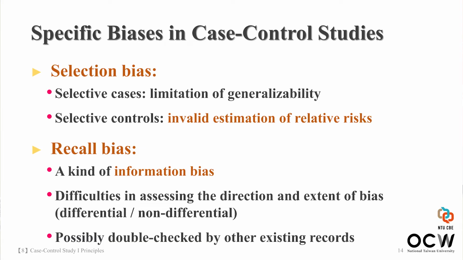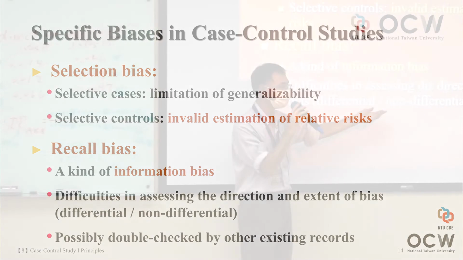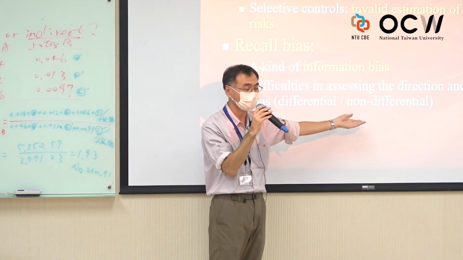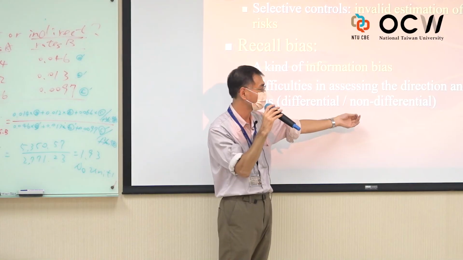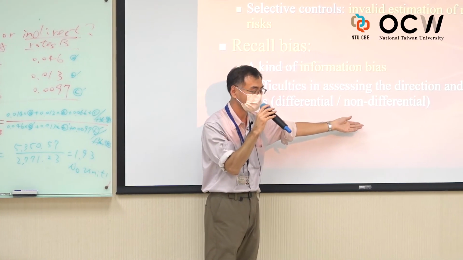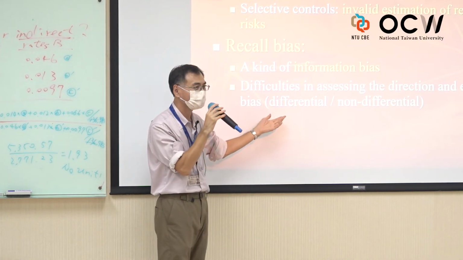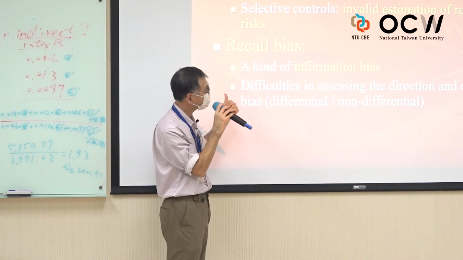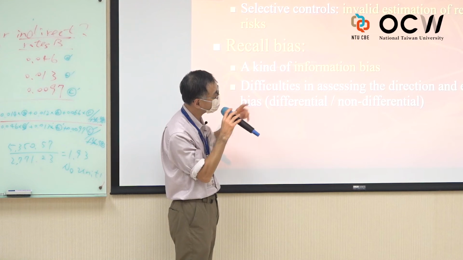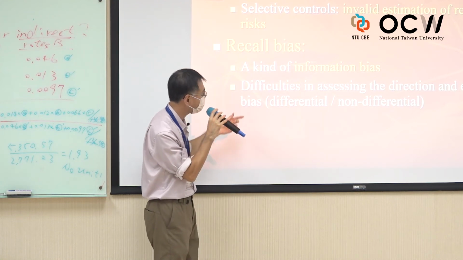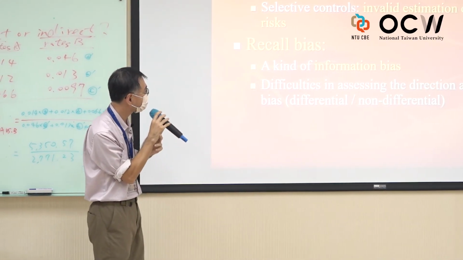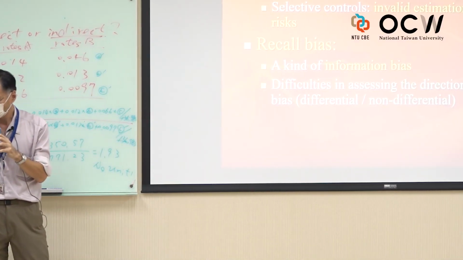There are some difficulties in assessing the direction and extent of the bias because it could be differential or non-differential. If it's non-differential, it's not too bad because it might just shift toward the null. If it's differential, it would be very hard to see if it makes the association stronger or weaker. And also the extent of bias is not possible to identify.